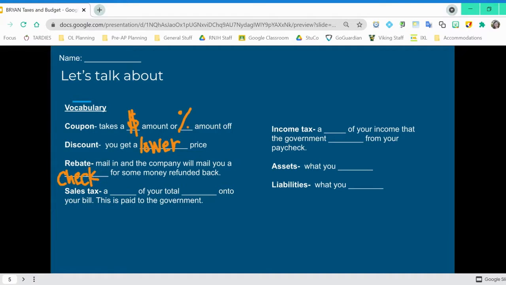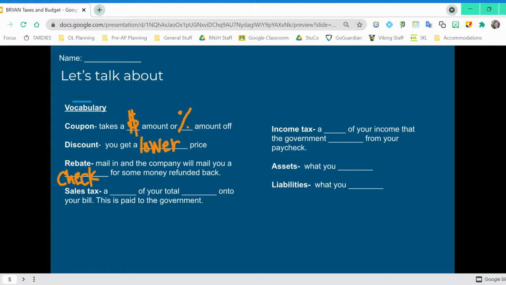I'm going to pay them the full amount, but maybe the manufacturer of the TV is Samsung, and maybe Samsung has a rebate and they're going to give me back $100 if I send in this paperwork. So I'm going to send in the paperwork to Samsung and they're going to mail me a check for $100. So I save that $100 but I have to pay it up front, and then I eventually get it back whenever Samsung mails me my check back. So that's called a rebate.